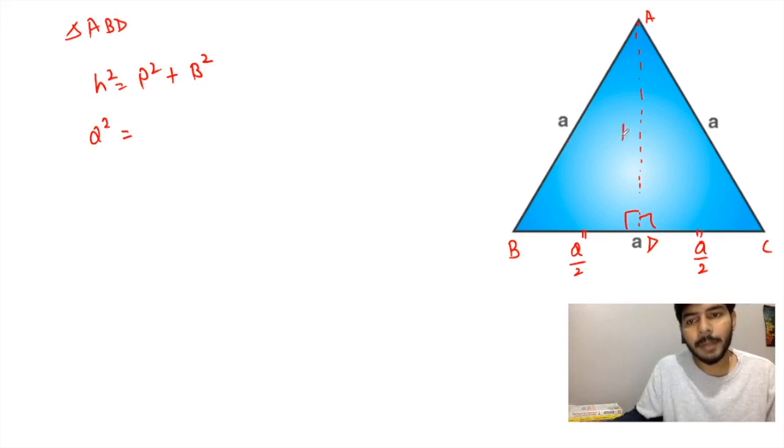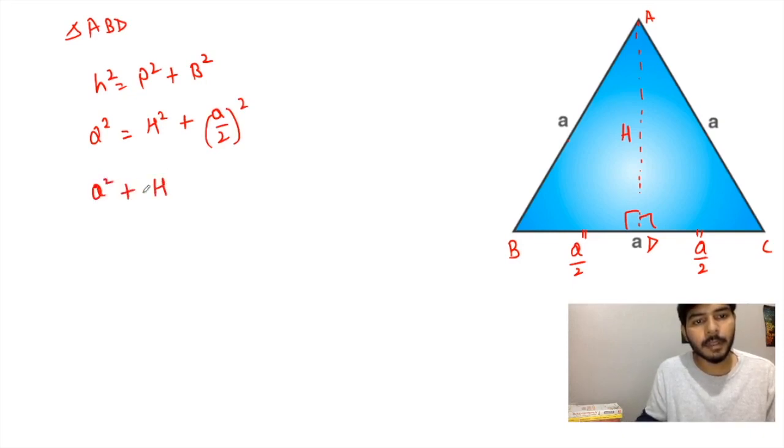We can write capital H as the height of this triangle, that means H square, plus the base square, where base is A upon 2 whole square. Then A square is equal to H square plus A square upon 4.